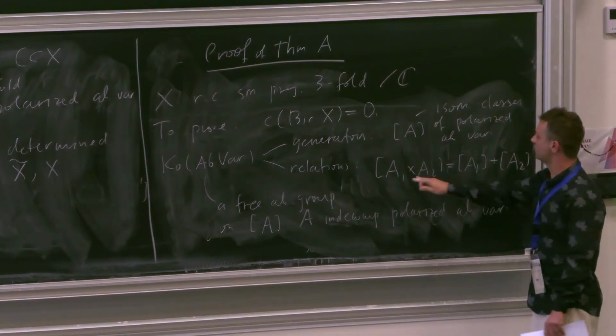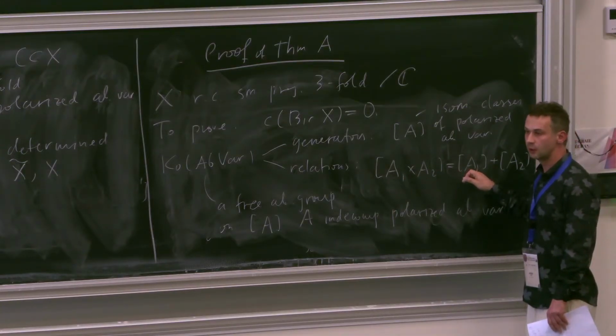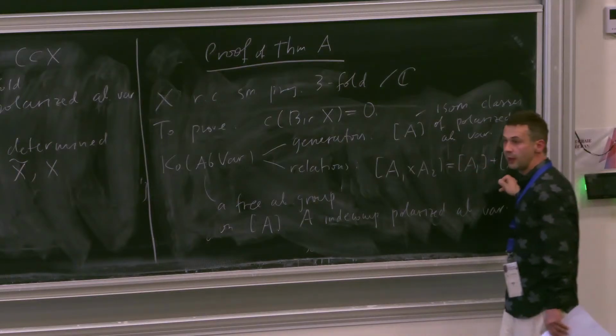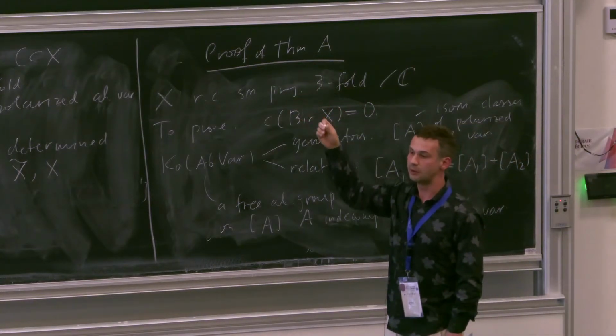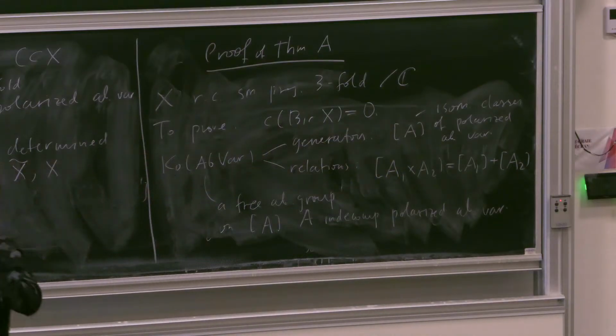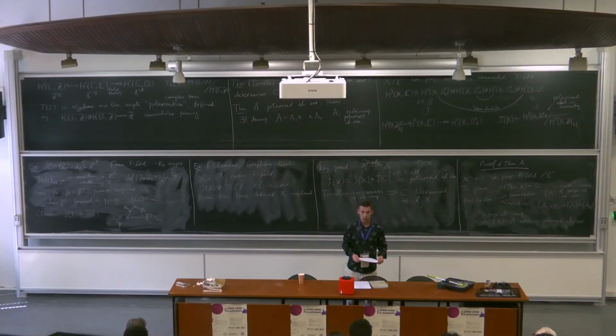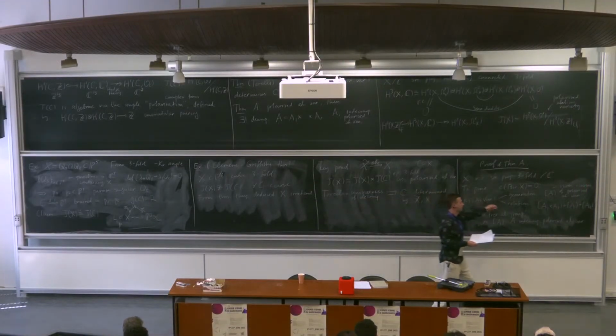The relation tells you that you only have to care about indecomposable ones, so definitely they generate, and then there are no relations by that theorem. So it looks a bit like a semi-simple category, where decomposition into simples of some sort is unique.